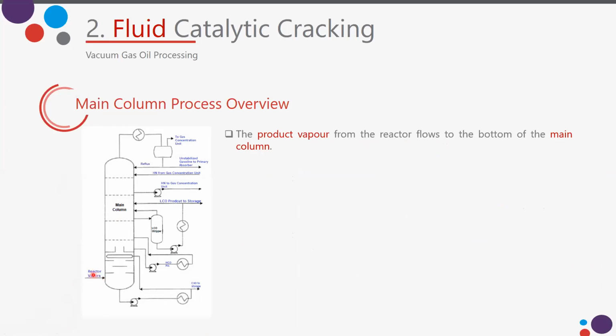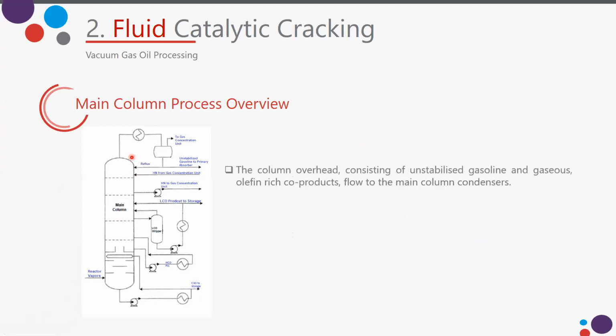You see here the vapors going to the column. The column overhead, consisting of unstabilized gasoline and gaseous olefin-rich co-products, flows to the main column condensers. Here we only show one heat exchanger, but we have an air cooler and a cooling water condenser, okay? And then here we have our reflux drum.